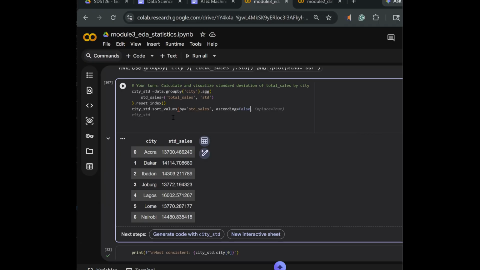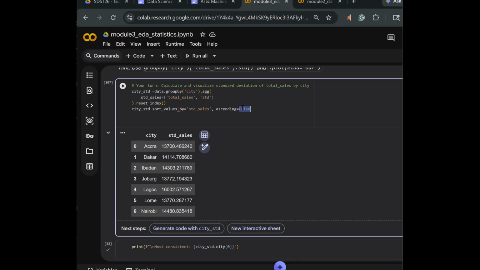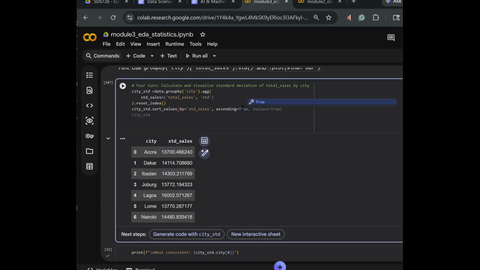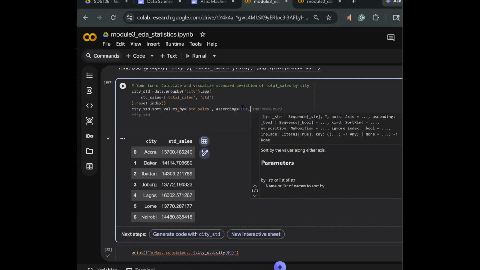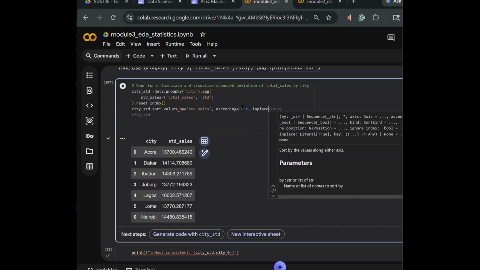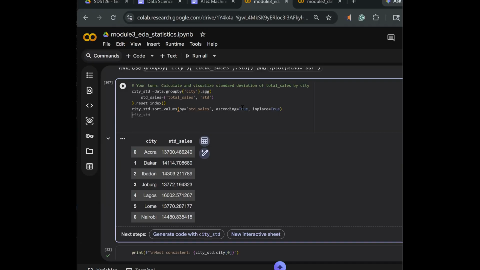We'd like to go ascending order because we want to start from the smallest. Yeah, we can say inplace equals True just to save the value into our standard variation.